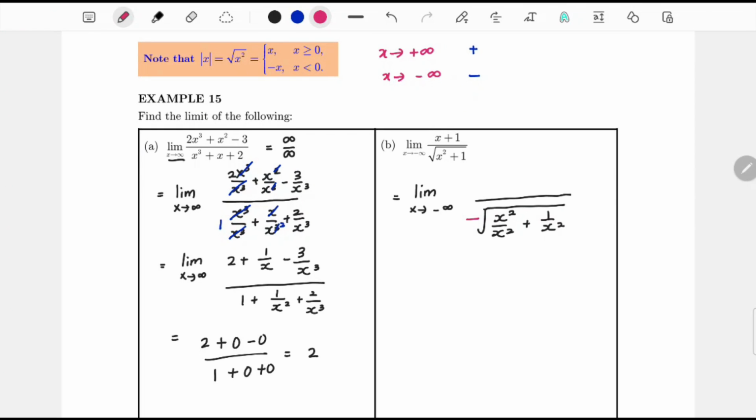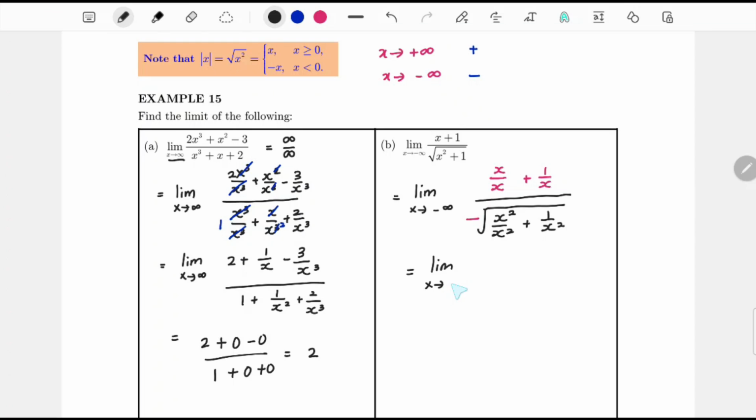When we divide the denominator by x squared, we're going to divide the numerator by only x, because inside the surd it's x squared, so when it is outside of the surd, it's going to be x.